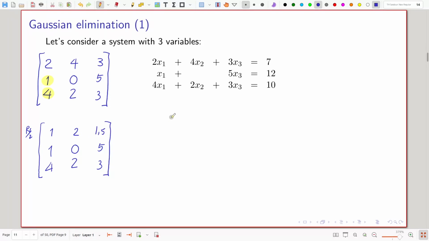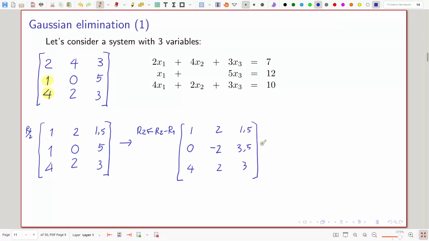And then what I did next is I subtract: the second row becomes the second row minus the first row. What I get is this: the first row remains the same, the second row becomes 0, this is minus 2, and this is 3.5. And then 4, 2, 3, that.